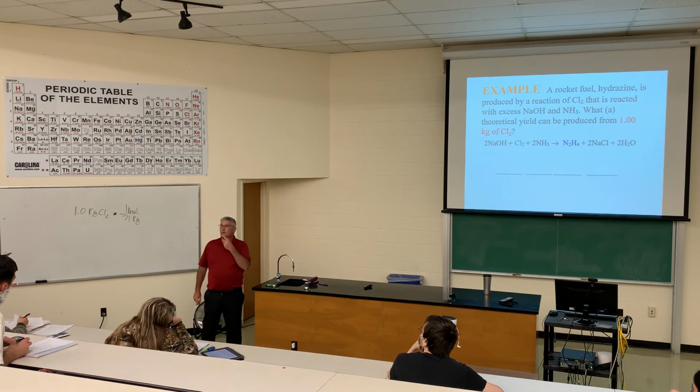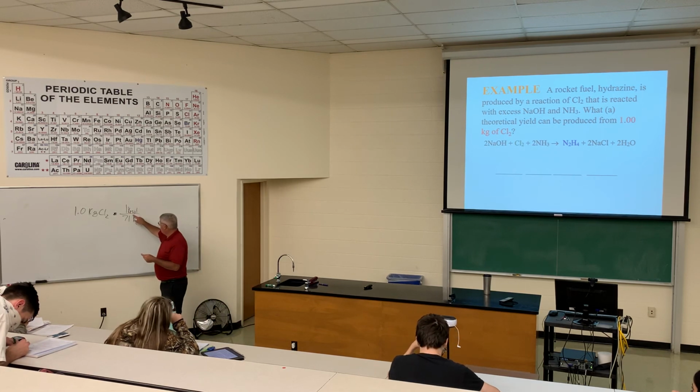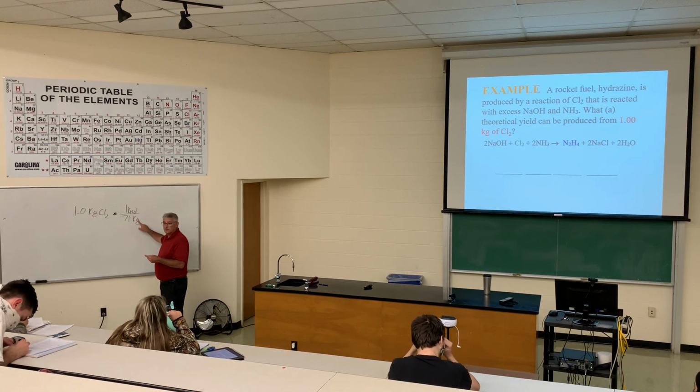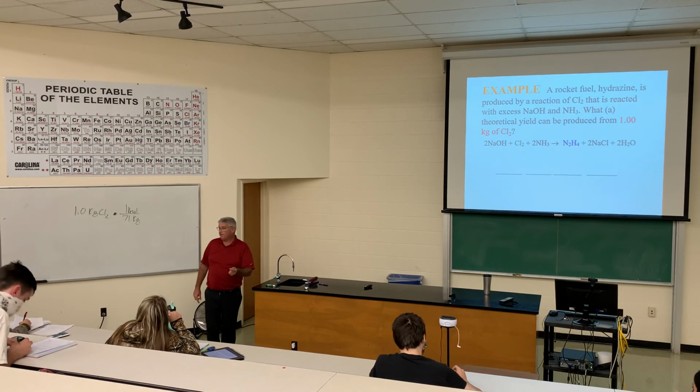Can I do it that way? We normally use the units grams per mole, right? Did I multiply them both by 1,000? So this is legitimate and it makes it easier to do sometimes. We're just going to work in kilomoles instead of moles this time, right?